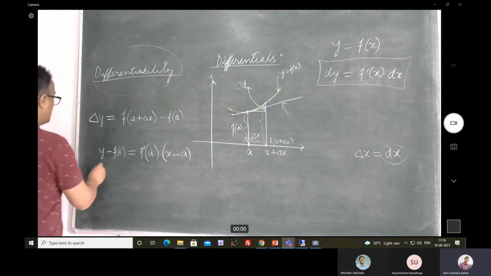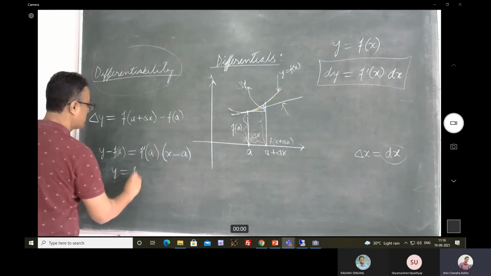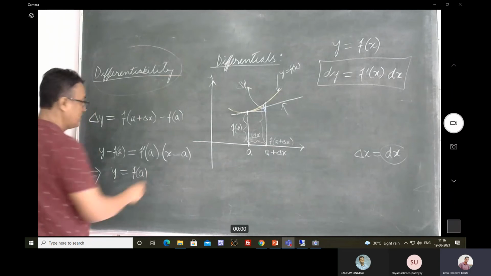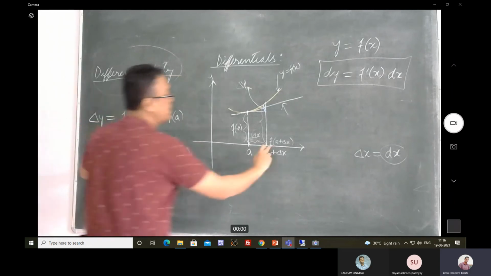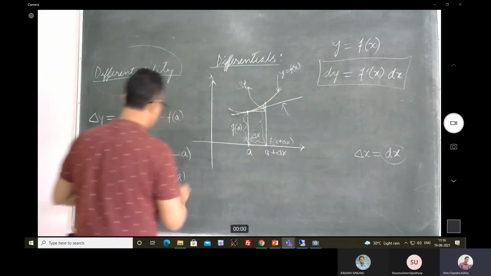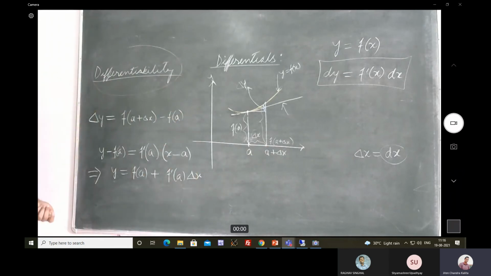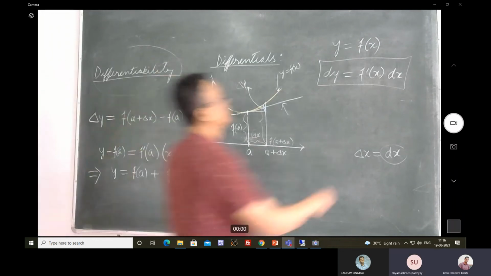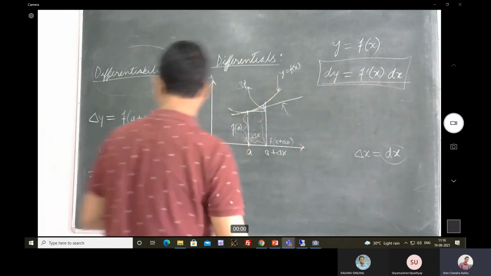So I can write y equal to f of a plus f prime a times, if I consider x to be the neighboring point here, delta x.